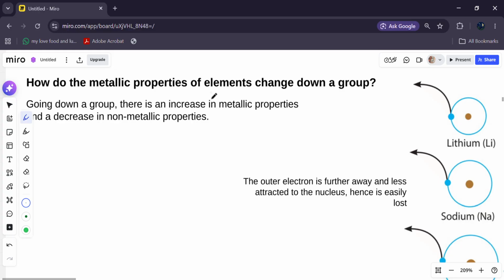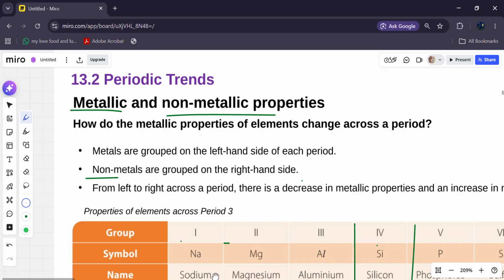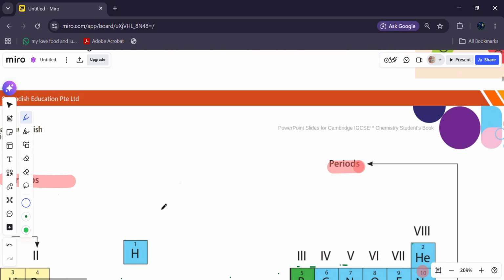This is because going down a group, the size of the atom increases. Hence, the outer shell electrons of an element will be further away from the attractive force of the nucleus. Remember how an atom is built? We have the nucleus at the center and a bunch of outer shells. Now, the lower groups have a higher proton number.